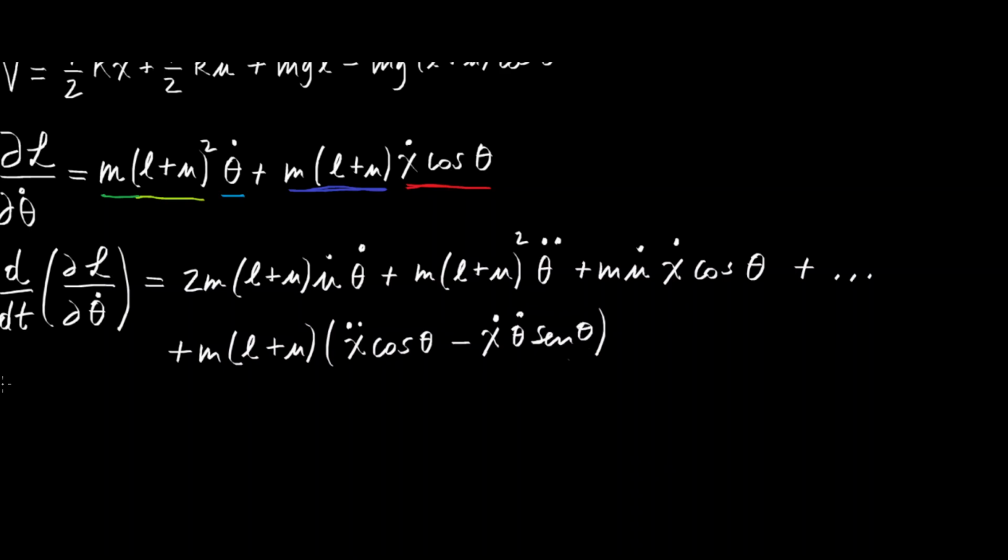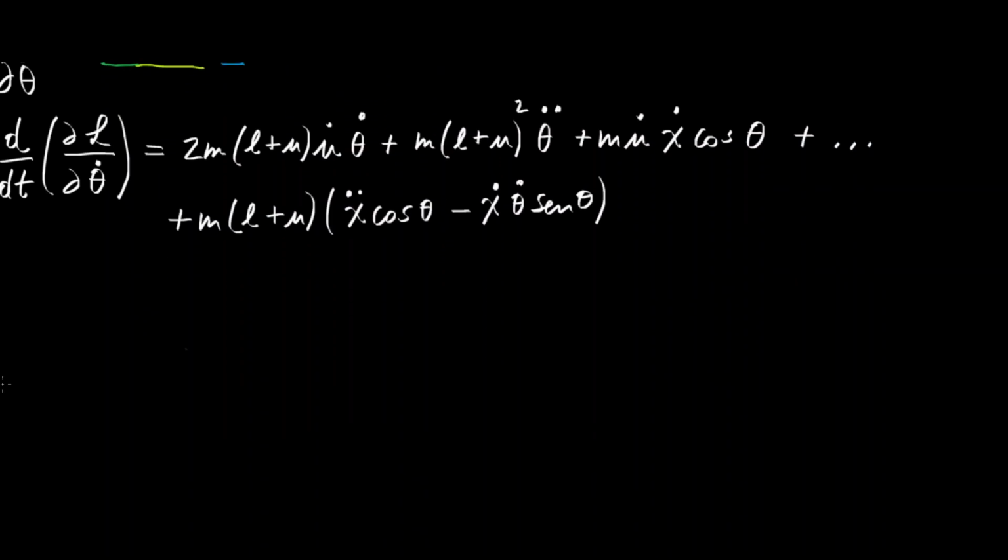Where does this last expression come from? The derivative of cosine is minus sine, and we should remember that theta is also a function of time, so we apply the chain rule.